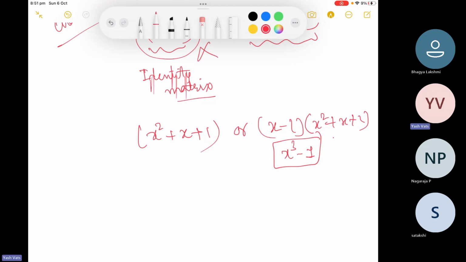Okay, let me check. Why is it not diagonalizable over R? So you are saying that the eigenvalue is not real? All the eigenvalues should be real? No, sir.